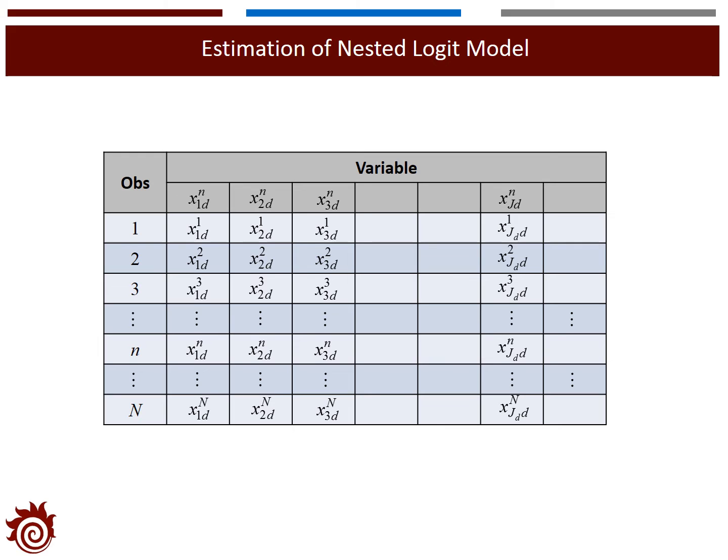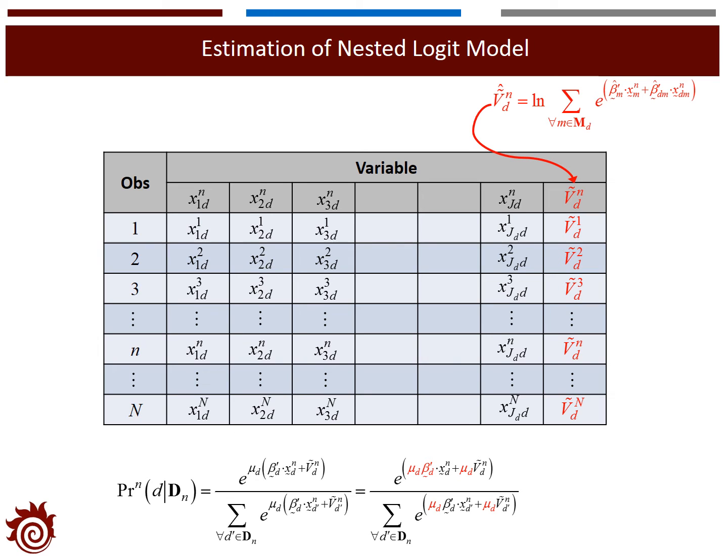But with the estimated log sum term, which comes from the first two steps, we can get an additional attribute for each individual, and this attribute is actually applied in the marginal probability, and you will see that it becomes one additional term in this linear equation. And with this kind of format, we can apply exactly the same MNL estimation to get the values of mu d beta d and mu d.